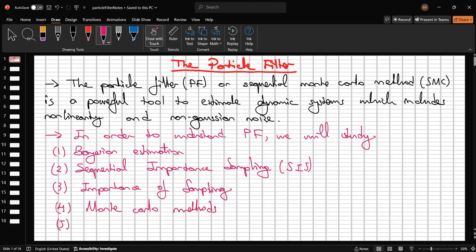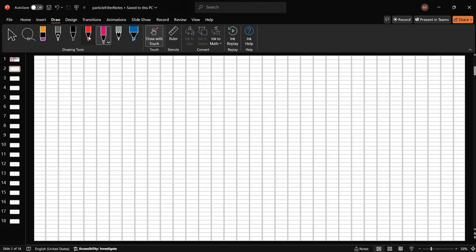After that we will talk about the resampling techniques to build the particle filter. Okay, this list of five contains or creates the foundation, or the basis, of this algorithm. Okay, and so let's start with the Bayesian estimation.